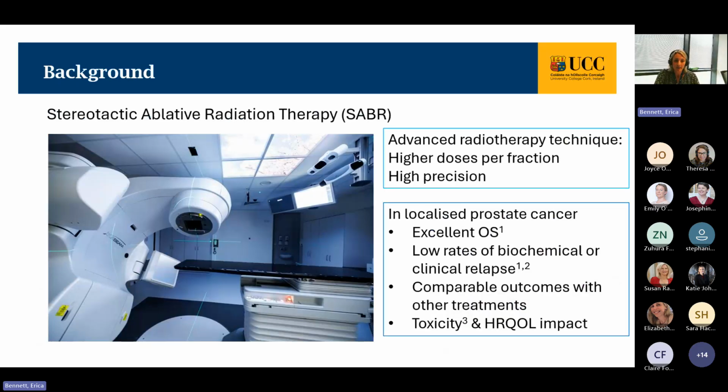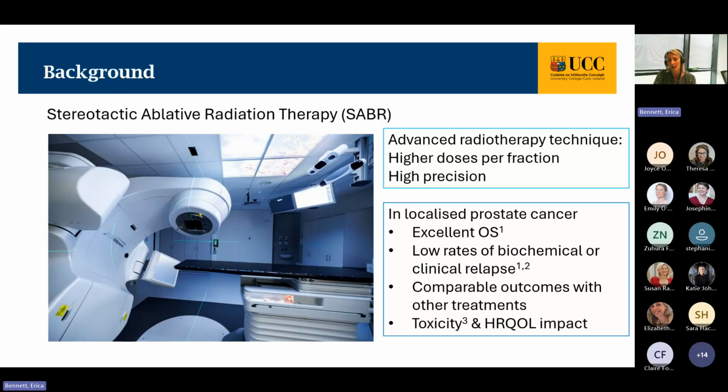So just as a bit of background, stereotactic ablative radiation therapy, or SABR, is an advanced radiotherapy technique which utilizes higher radiation doses per fraction or per session than the conventional radiotherapy, and it offers higher precision because we target smaller volumes.